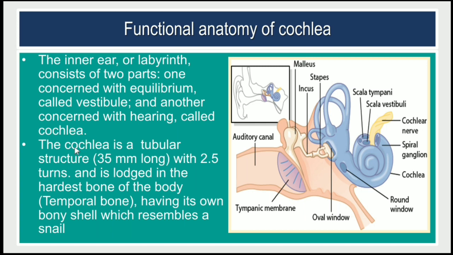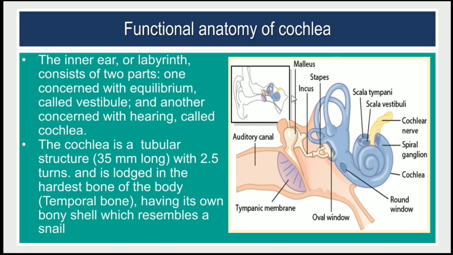The cochlea is a tubular structure. The length is 35 to 40 millimeters with approximately 2.5 to 2.75 turns, and this cochlea is locked in the hardest bone of the body, that is the temporal bone.